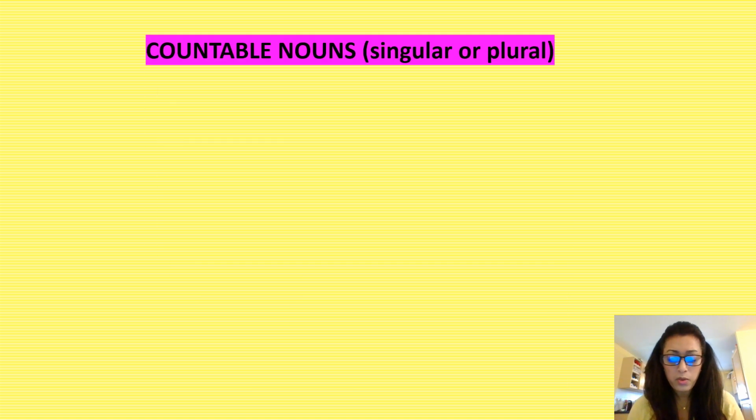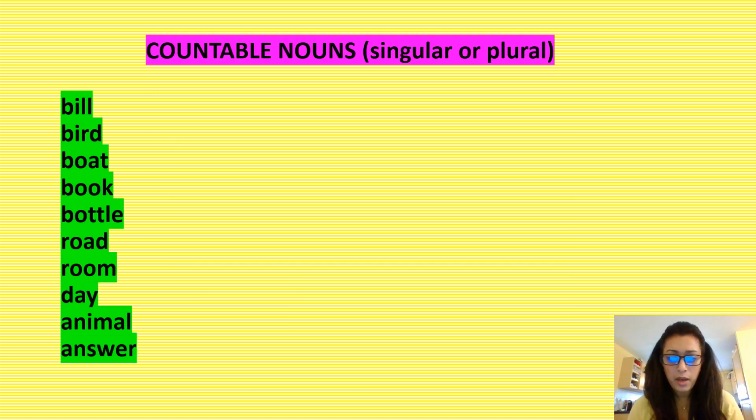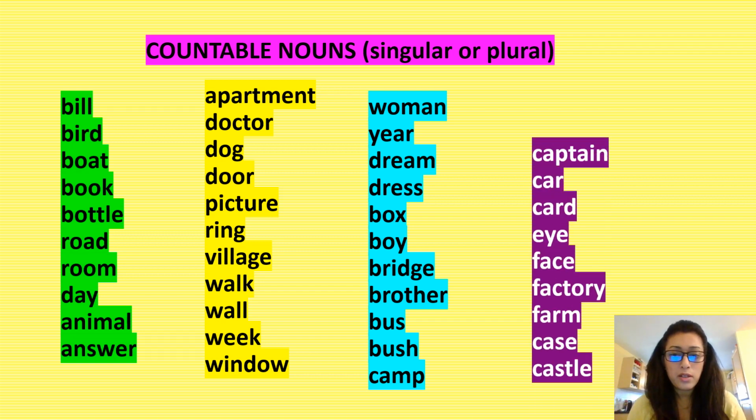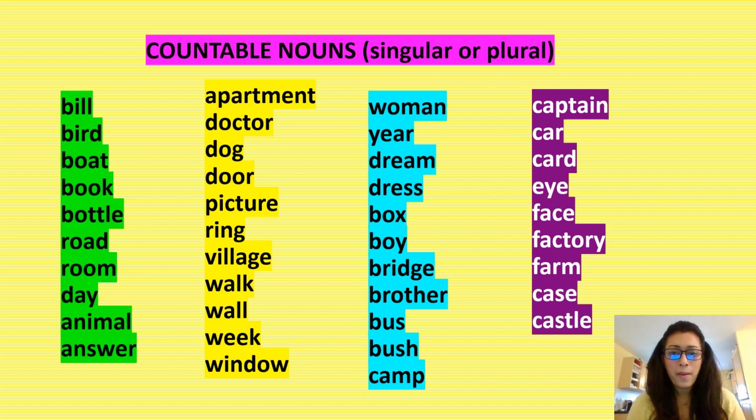Now, the countable nouns can occur in both singular and plural forms. They can be modified by numbers, but also can be paired with quantifying determiners such as many, most, or several. So let's take a look at a few examples.